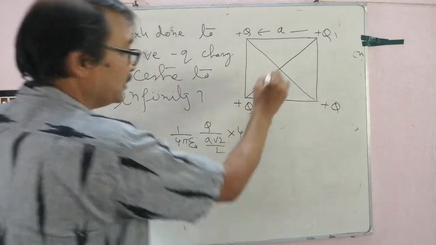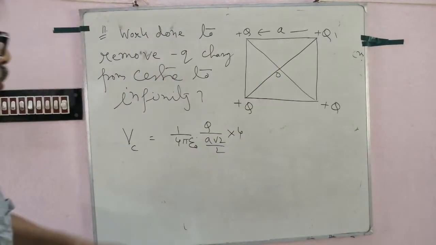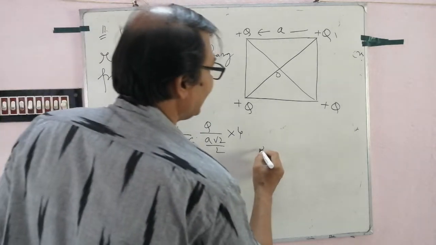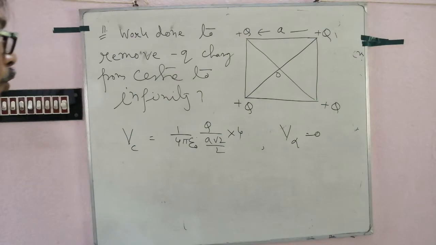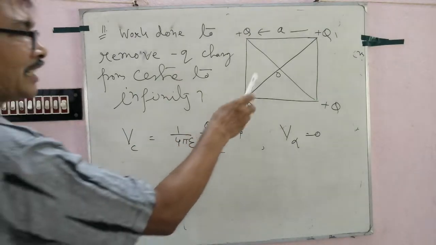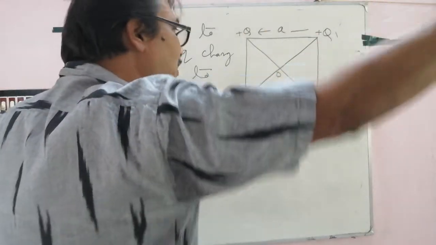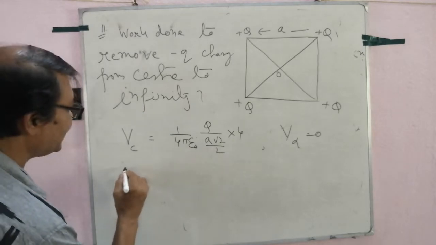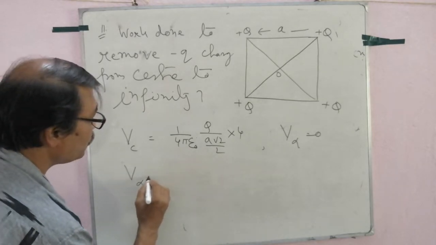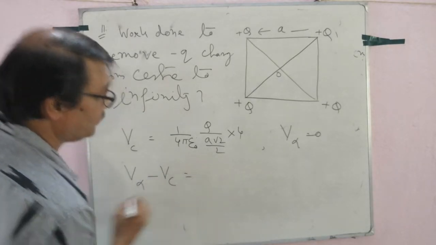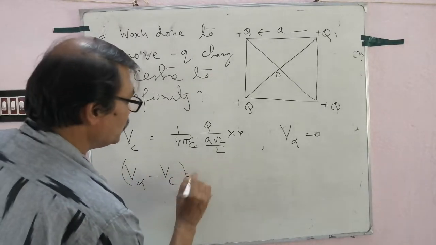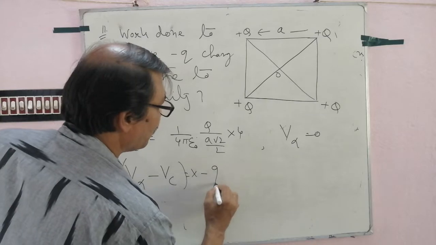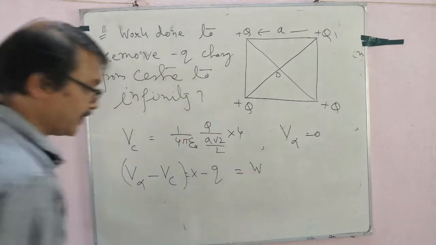Multiply by 4 due to 4 charges. Potential at infinity equal to 0. So work done to bring the charge from this point to infinity, potential difference between infinity and the center, into charge, that is minus Q. This is the work done.